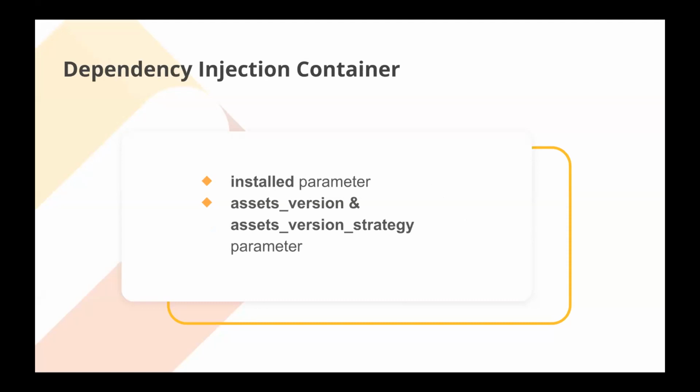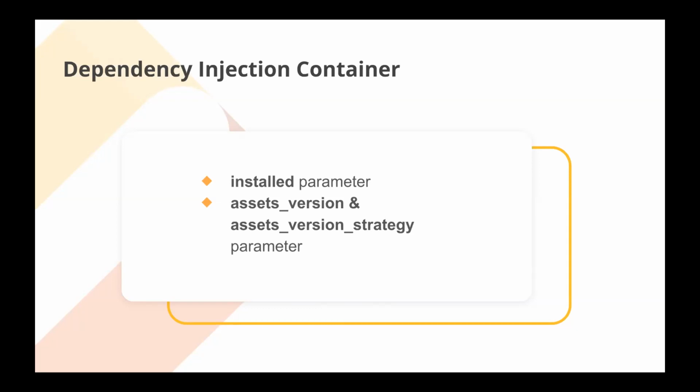Also, we removed a few parameters from the dependency injection container. The first one is a really tricky parameter called installed. When your application was installed in a previous version, you had to set this parameter to true, and when it's not installed, to false. And it was always an issue when someone restored the database on a new instance, then ran Oro platform update, for instance, and then started the web server and saw that the application is not installed.